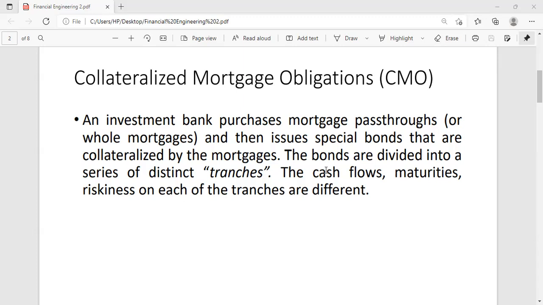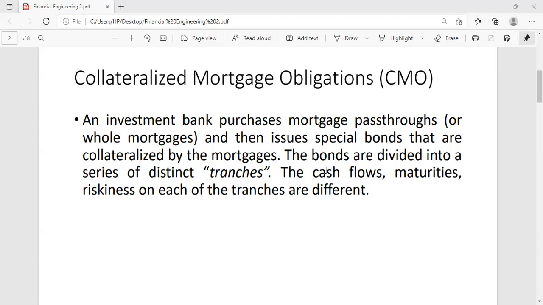Because of this pass-through, you know that these tranches are generated from the pass-throughs of MBS, and those pass-throughs continuously receive interest and principal, but all the tranches receive the interest payment. However, only one tranche gets the principal, and that one tranche that receives the principal initially is called the fastest pay tranche.